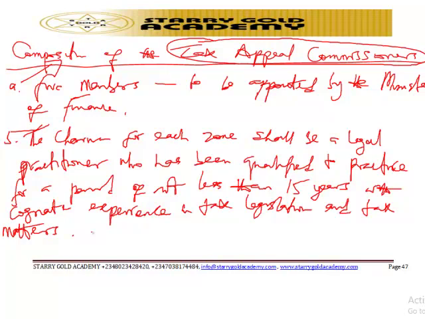The quorum at any sitting of the tribunal shall be 3 members. A person shall not be qualified for appointment as a tax appeal commissioner unless he is knowledgeable in the field of law, accountancy, economics, taxation in Nigeria, as well as persons that have shown capacity in the management of trade or business, or a retired public servant in tax administration.